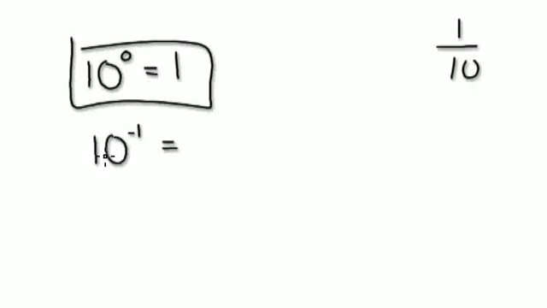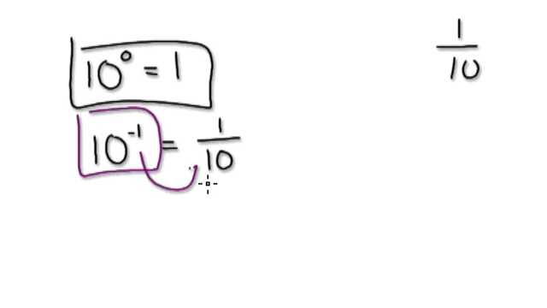So basically, 10 to the power of minus 1, you immediately jump to this fraction to the power of 1. But we don't bother writing the 1 here because 10 to the power of 1 is just 10. Now, if you don't understand how to get from here to here, then you have to watch one of the early videos on indices.